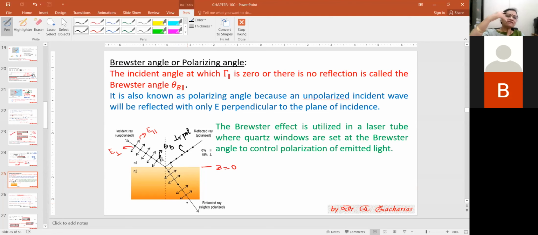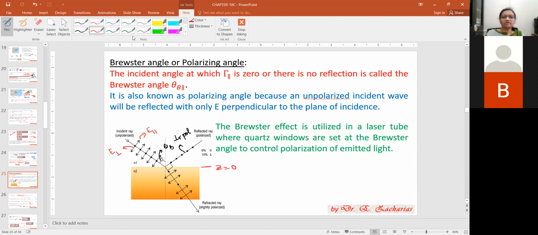It will get refined each time it is transmitted, and finally you will get completely polarized parallel, and reflected will be completely polarized perpendicular. Did you understand this, guys? Yes, ma'am. This is the job of the polarizer, and this will happen only at the Brewster angle.